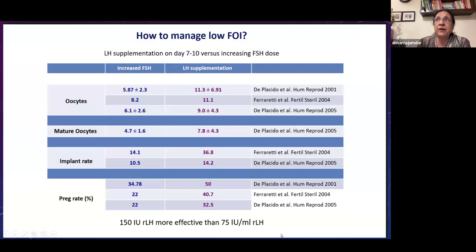However, you have to remember that only 1% of LH receptors are enough for steroidogenesis as well as follicular recruitment. Such people in the next cycle should always start LH right from the beginning because it takes care not only of estrogen synthesis and androgen synthesis, but also of recruitment of follicles. So look at the difference: you increase the FSH dose, and here you added LH from day 6 onwards.